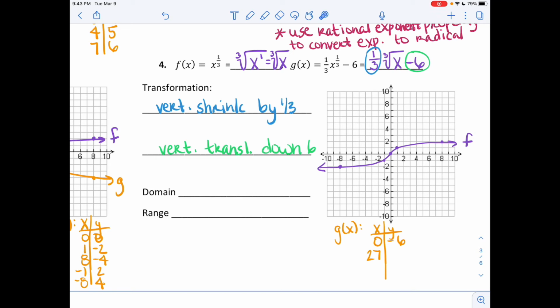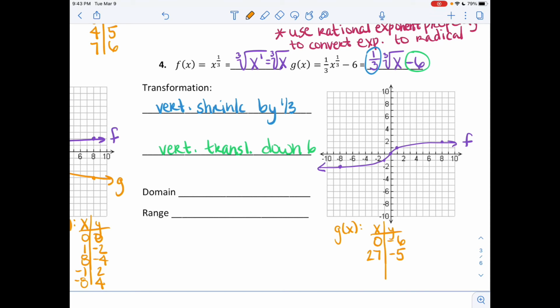What is a perfect cube that will give me a cubed root of 3? Well, that's going to be 27. So x has to be 27 to make this part, the radical, a 3, so that I can take 3 divided by 3 and get a 1. So when I get a 1 for this term and subtract 6, that's going to put me down at -5.